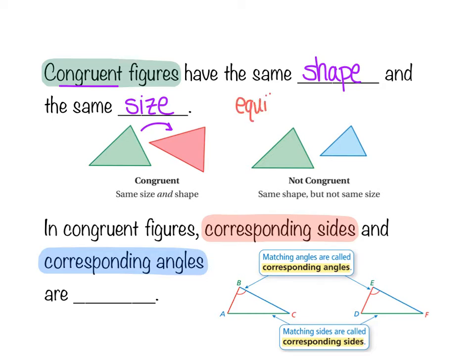Not only can shapes be congruent, but angles can be equal measure, and side lengths can be equal measure. The word congruent is used mostly in geometry to talk about things that are equal.